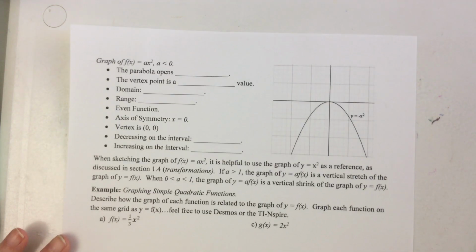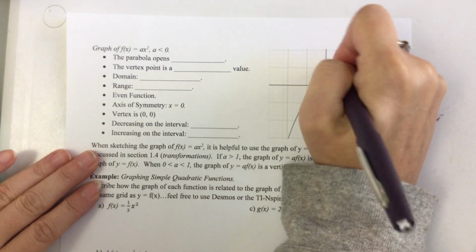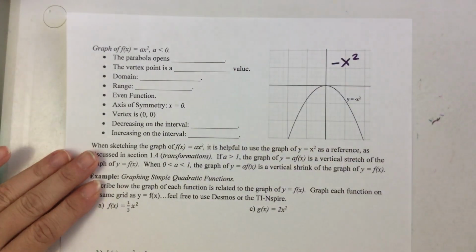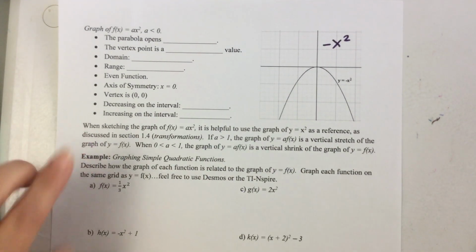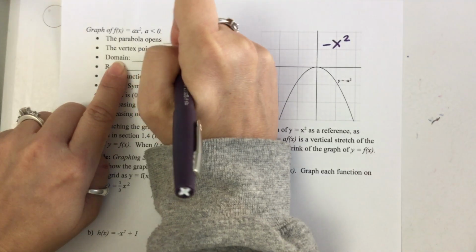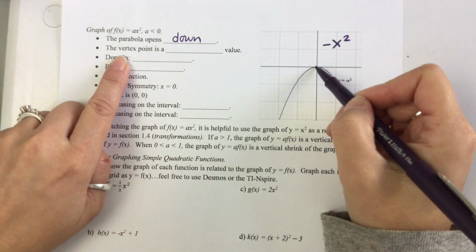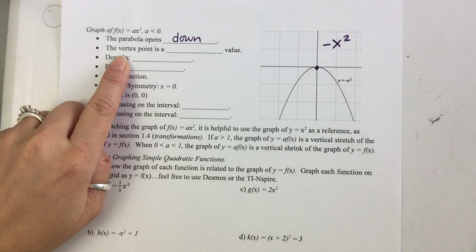So those are some things we've been studying in this class, looking specifically at the parent function for quadratics, which is x squared. Now let's flip this puppy upside down. What happens if your a value, the value up front, is negative? In this case, this is negative x squared, just so we have a visual. If you have a negative value in front of your x squared, your parabola opens downwards. If your parabola is opening downwards like this one, there's my vertex.